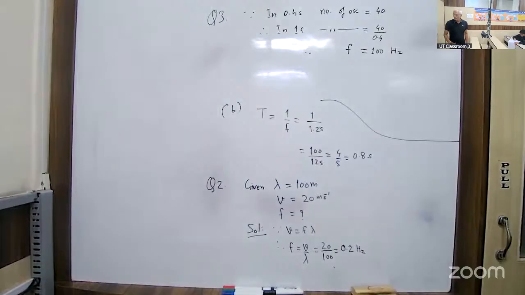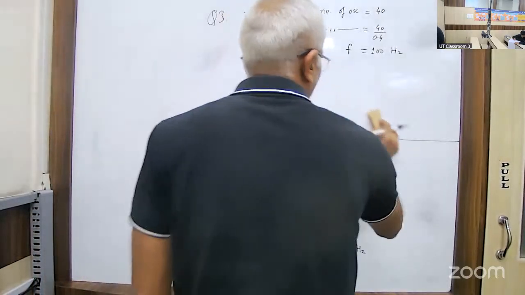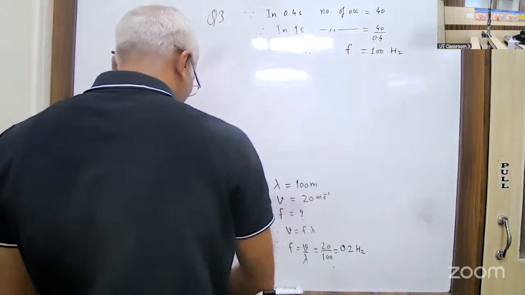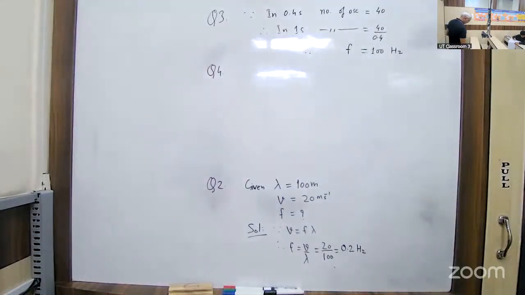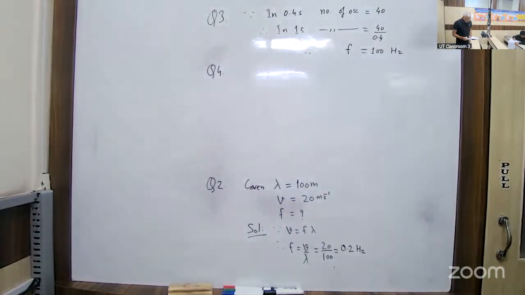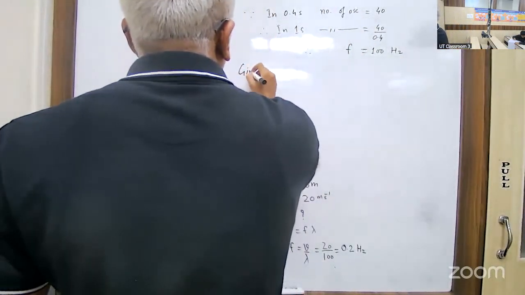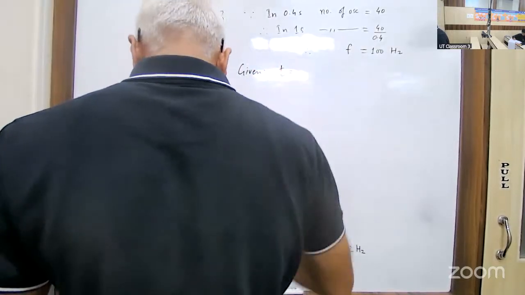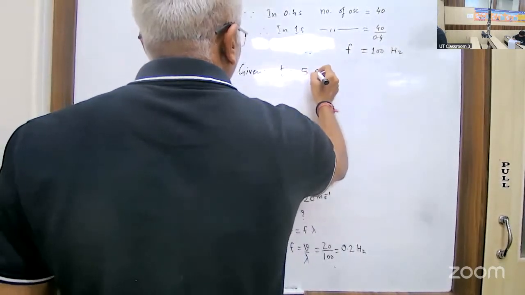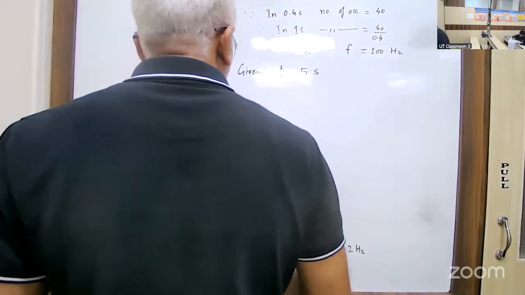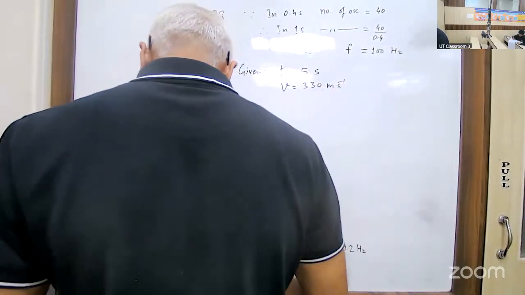So these are fairly easy questions. Next question you should be able to do yourself. Question 4. What is question 4? Time interval between lightning flash. So given t is equal to 5 seconds. The speed of sound in air is 330 meters per second.